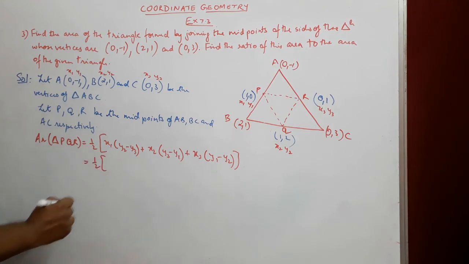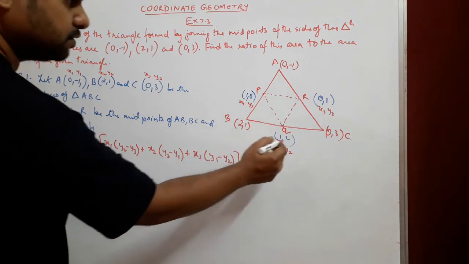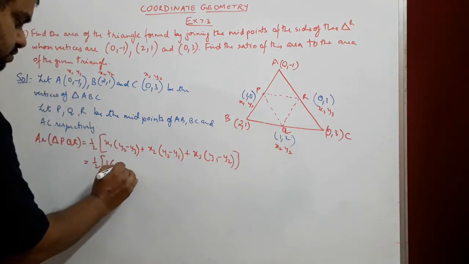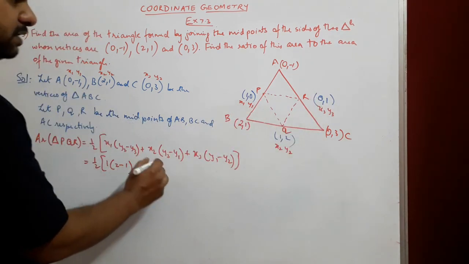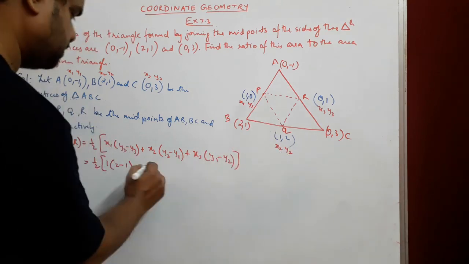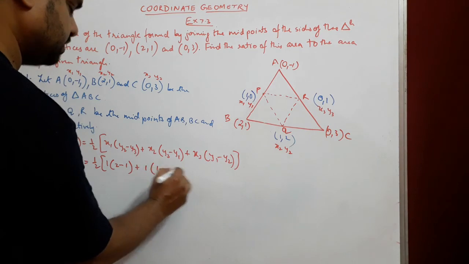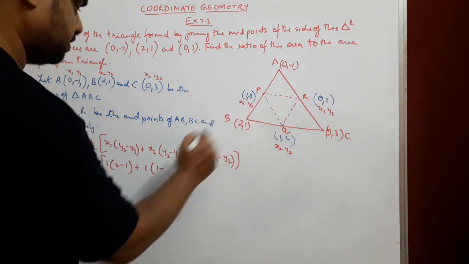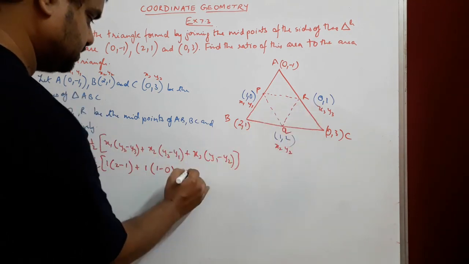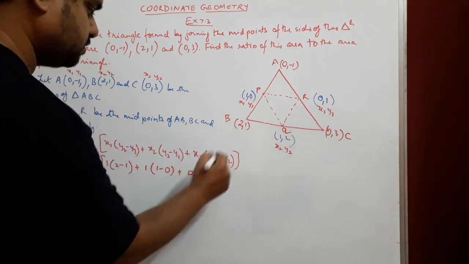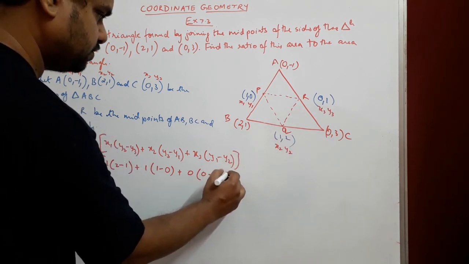Half into x1 is 1, y2 is 2 minus y3 which is 1, plus x2 is 1 into y3 which is 1 minus y1 which is 0, plus x3 is 0 into y1 which is 0 minus y2 which is 2.